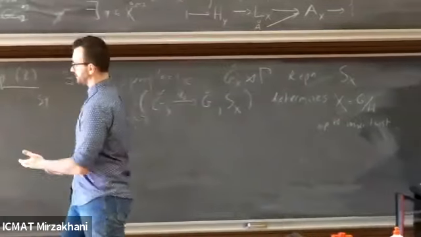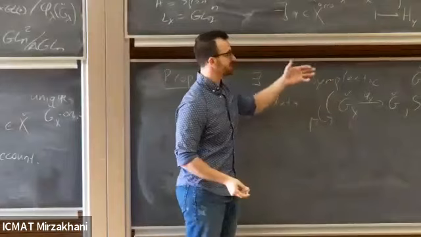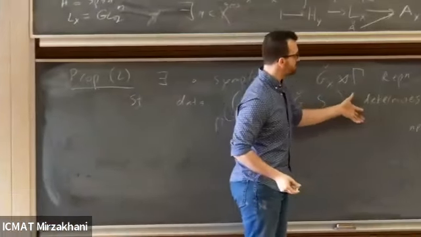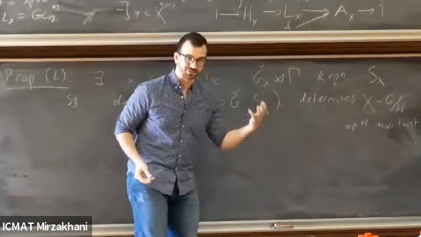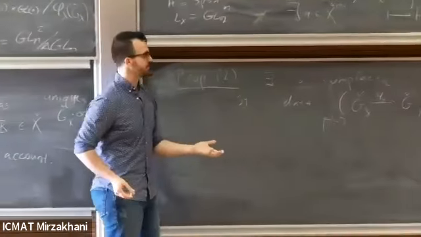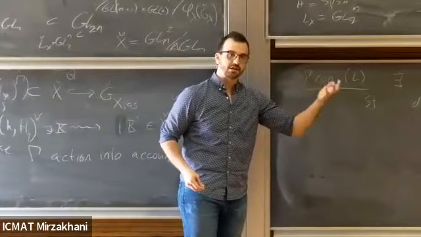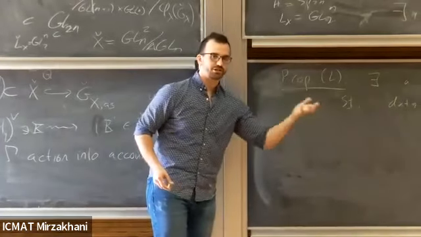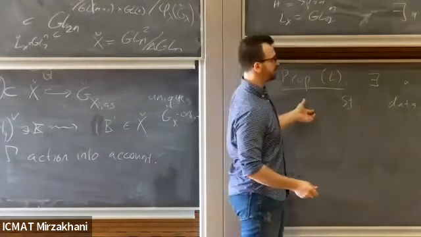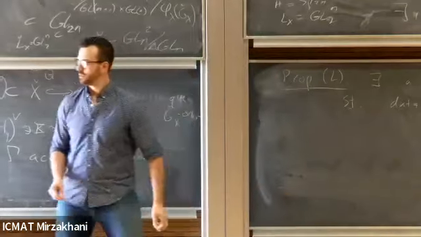This is a meaningless statement in the geometric setting, but from the point of view of endoscopy, this is really crucial for me to actually define the endoscopic symmetric space. I'm going to get some data on the dual side, and I need to tell you that up to something that's not relevant for the trace formula, there's a unique thing on the other side inducing it, and that's what this tells you.